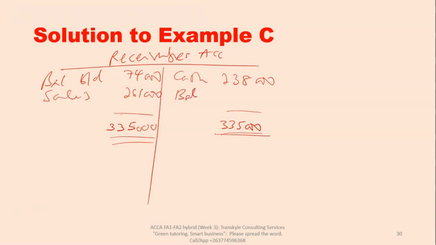The balance should be, if you use your calculator, 97,000. So we take this one down there. So it becomes the balance BD again, 97,000.